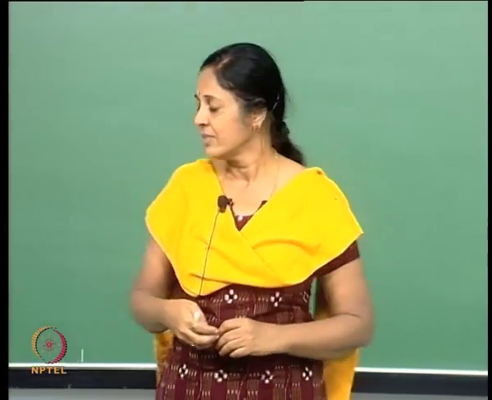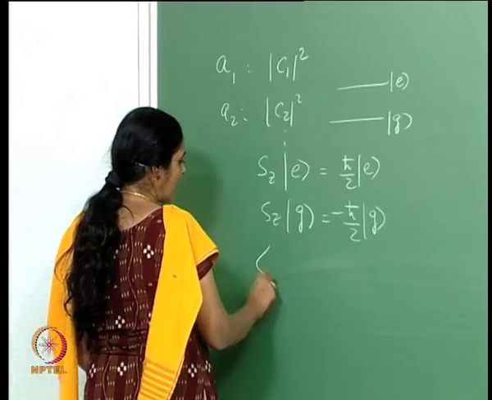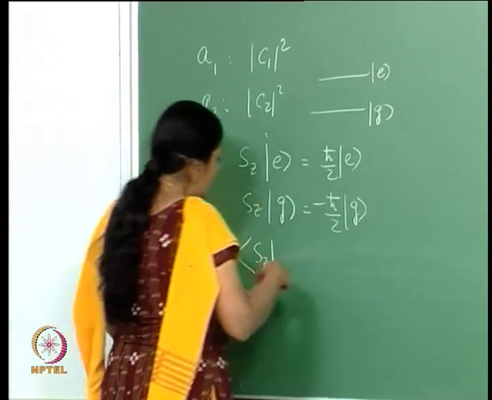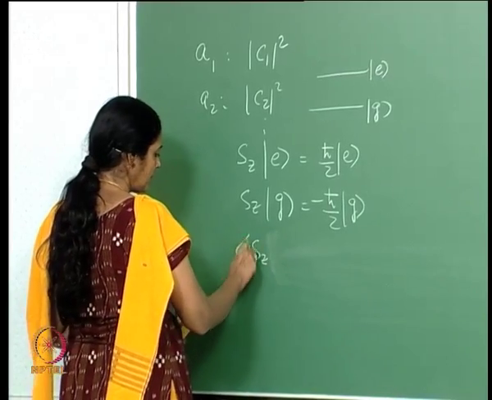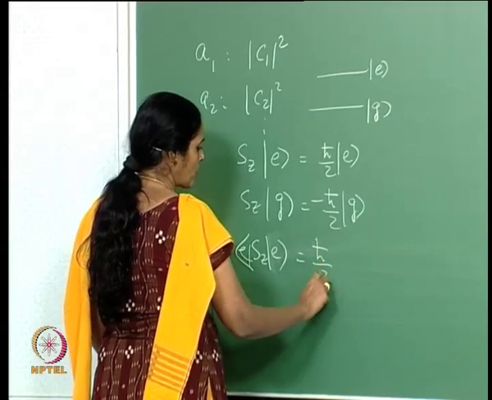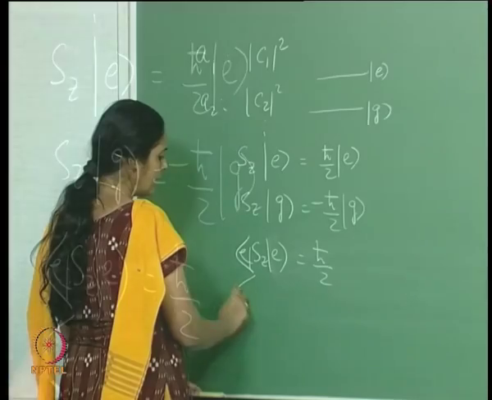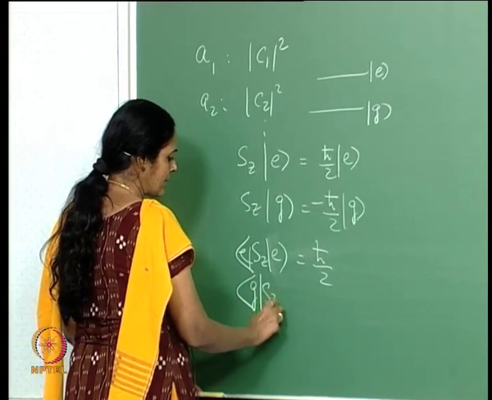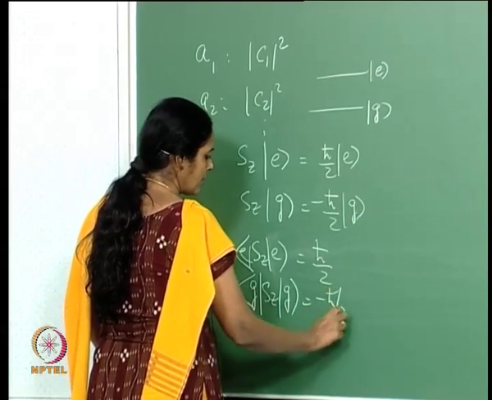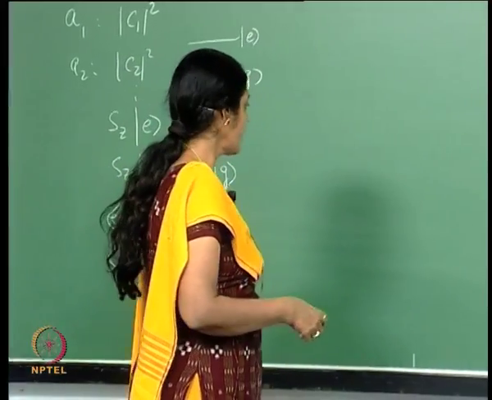It is clear therefore that if I have to find the average value of Sz, say in the state e, it is simply going to be h cross by 2 because it is already an eigenstate. Similarly, if I have to find this, the average value is minus h cross by 2. The expectation value is simply the eigenvalue in this case.